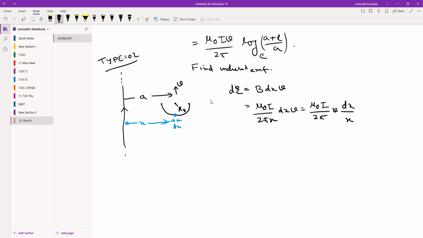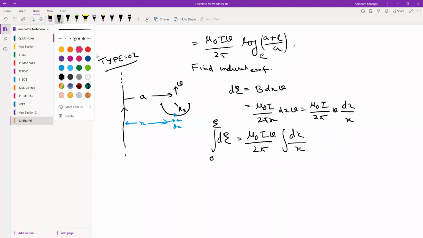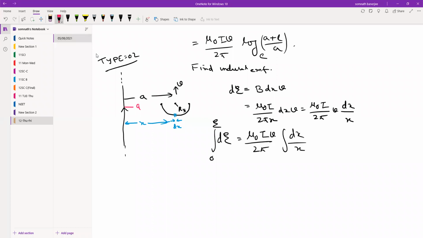So when we calculate the total EMF, only the limits change a little bit. Mu naught I by 2 pi V, integration of dx by x. But now I can start from that point. This is my A minus R lower limit, and obviously we know the velocity vector and length vector are perpendicular.